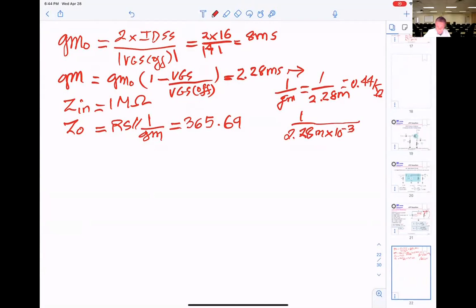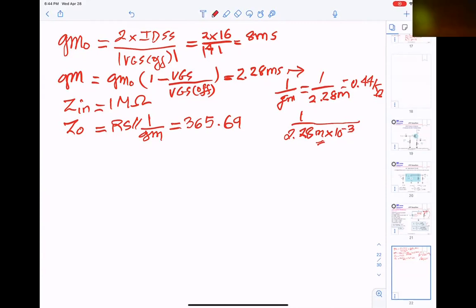When you take the reciprocal of 2.28 milli, you need to convert it, which means you have to multiply by 10 to the minus 3.